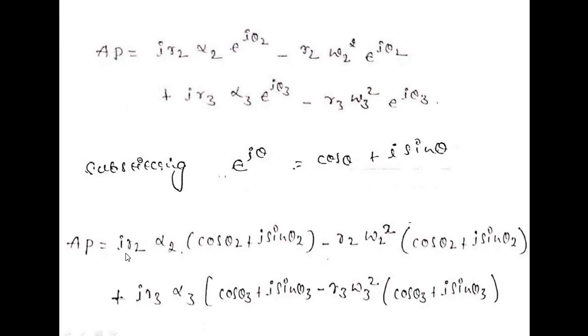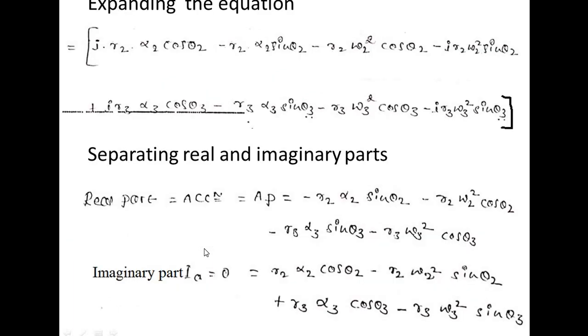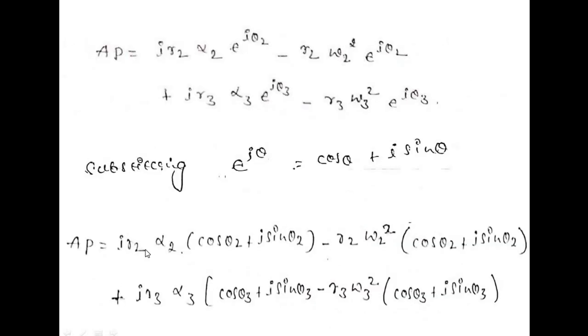So we expand here, i r2 alpha 2 cos theta 2, that is the first term, and i r2 alpha 2 multiplied by i sin theta 2, so here i into i becomes i square, that is minus 1, so minus 1 r2 alpha 2 sin theta 2.